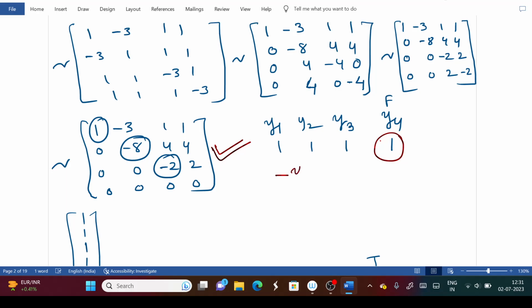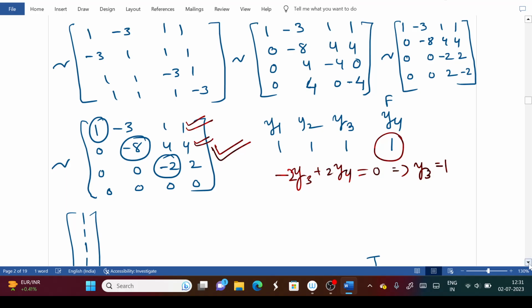Now minus y3 plus y4 is equal to 0, which implies y3 is also equal to 1. Now from the third equation, we will get y2 equal to 1, and from the first equation, we get y1 is also 1.